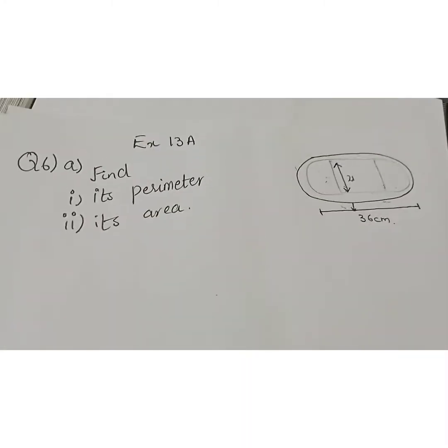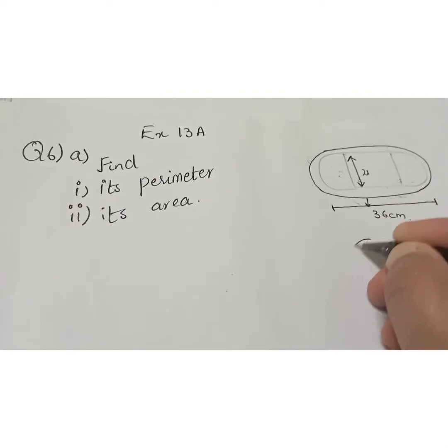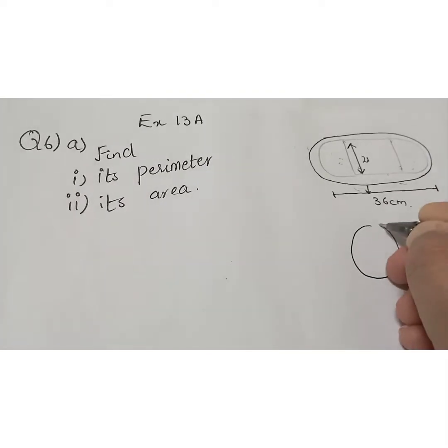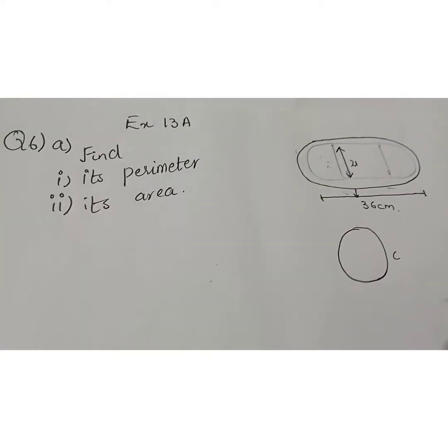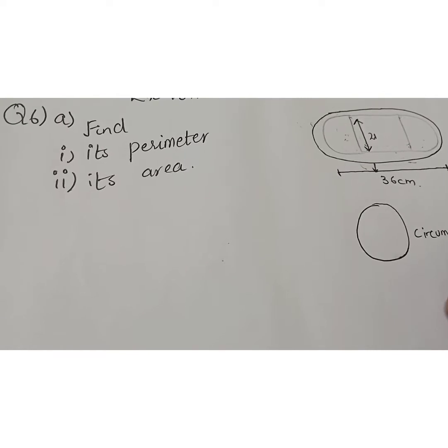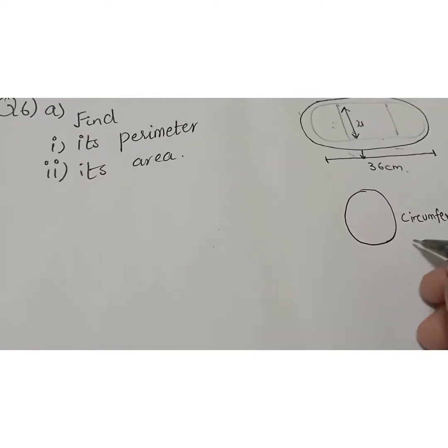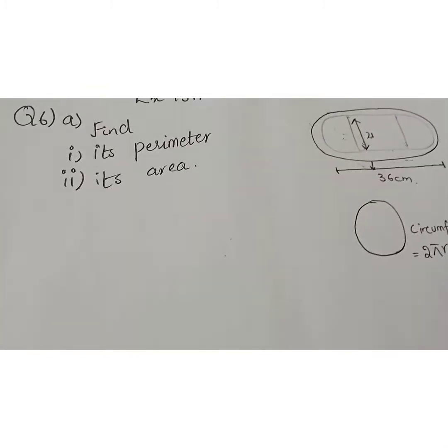Before moving on to this perimeter, we should know the formulas of a circumference, which is also the perimeter of a circle. We name it the circumference of the circle. And we know that the circumference of a complete circle is 2 pi r.